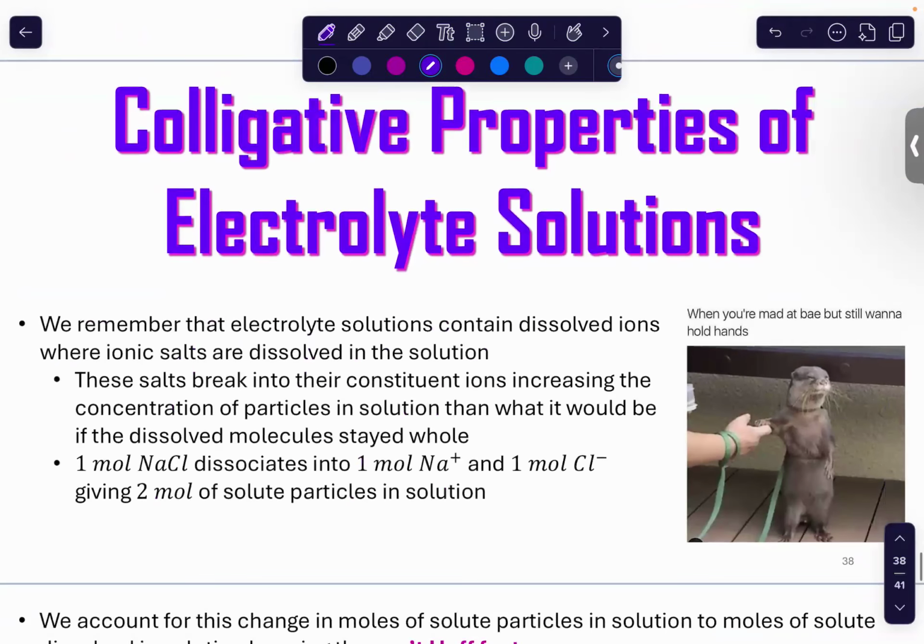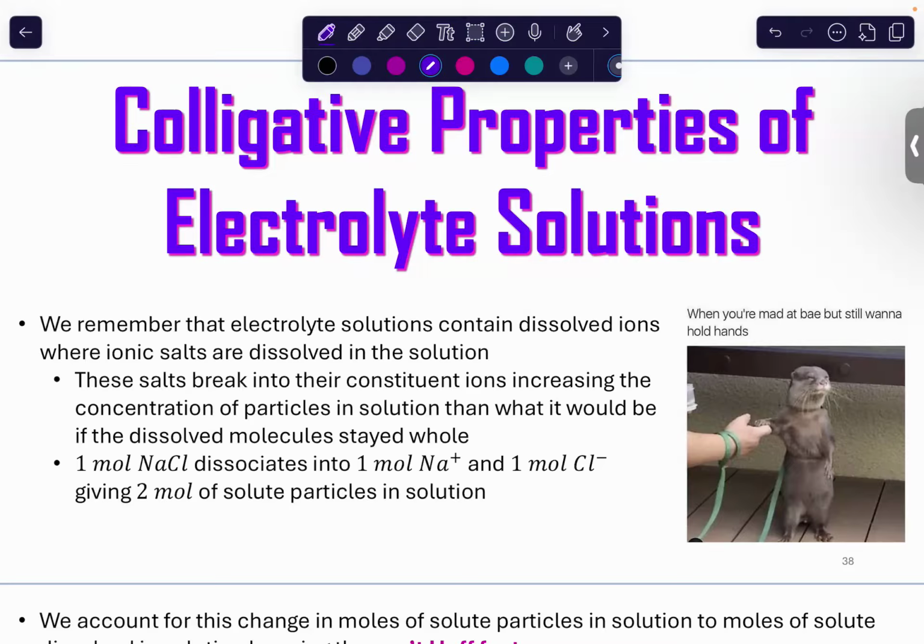All righty. Colligative properties of electrolyte solutions. So what are the characteristics of an electrolyte? Conducts electricity, you have dissolved ions in solution. So typical salt water is an electrolyte solution. So we talked about this.